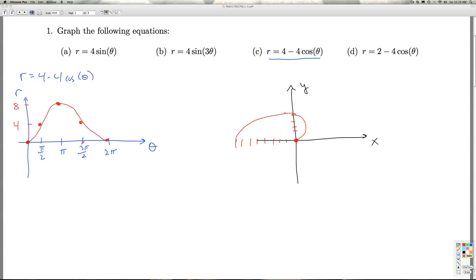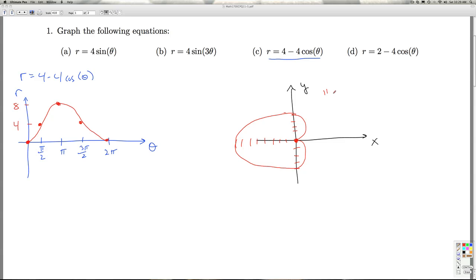And then from pi to 3 pi over 2, now the r starts to decrease, so it's going to pull itself in, like that. And from 3 pi over 2 to 2 pi, it goes from 4 and tucks into 0.